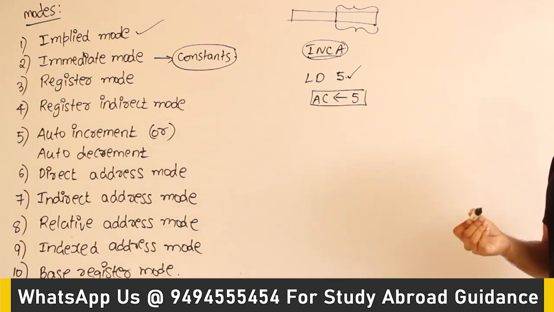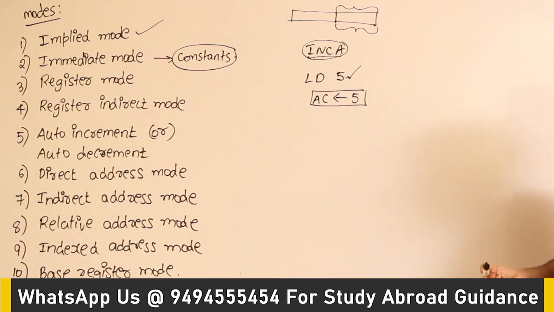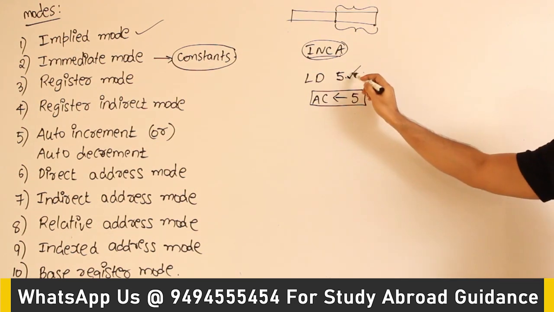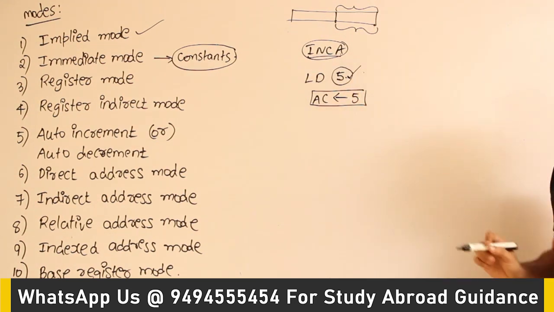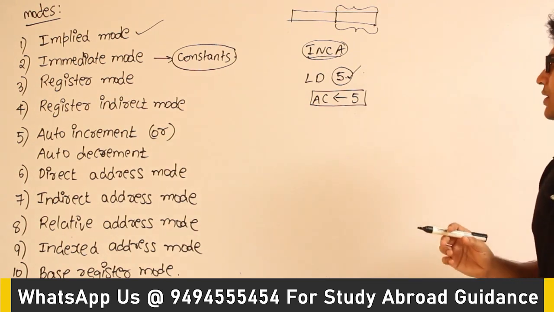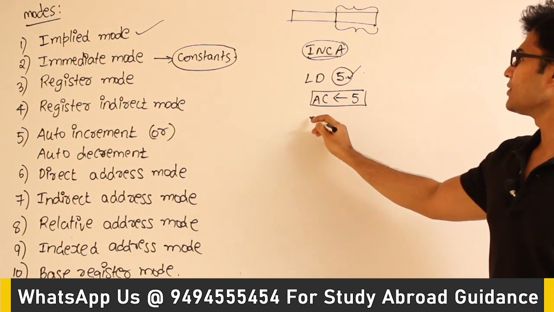What is the advantage of this one? We can provide constants as inputs directly, and there is no further computation of the effective address. There is no need of an address at all. This particular value doesn't represent any address, either normal address or effective address. It is directly the value which can be loaded. Got it? So we can have various instructions like this.